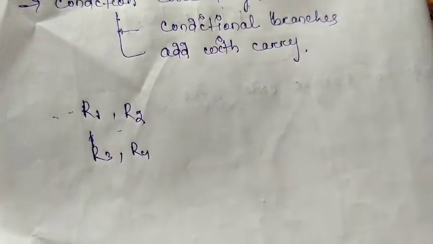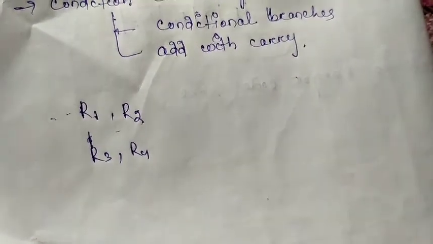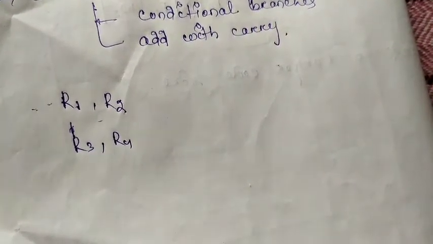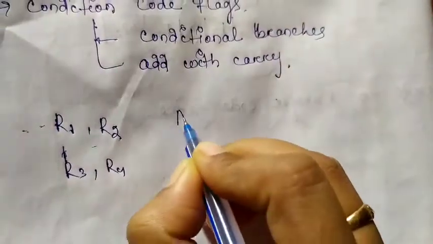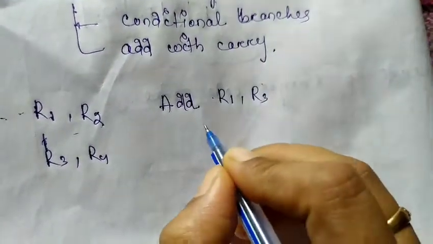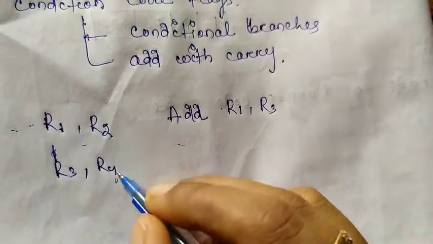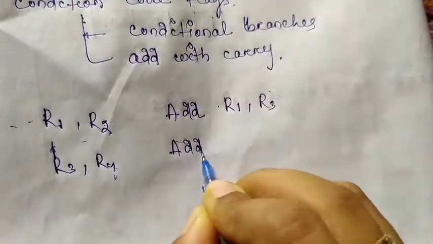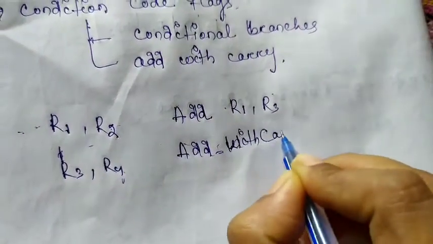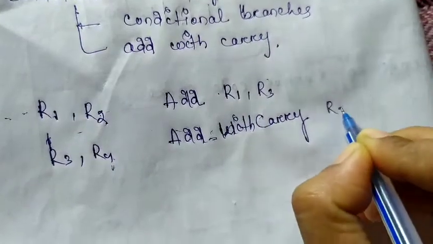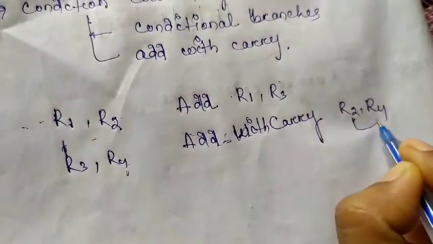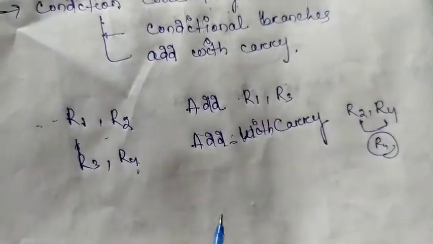So then we'll write like this: add R1 with R3, then add with carry R2 R4, and it will be stored in R4. R4 is the destination part.